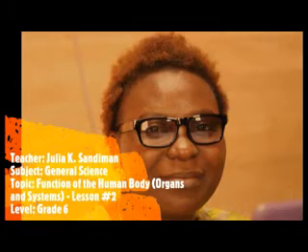Welcome, learners. Remember, we are going to learn the functions and main organs of the digestive and reproductive systems. Hope you are ready for the lesson. Firstly, let's look at the digestive system.